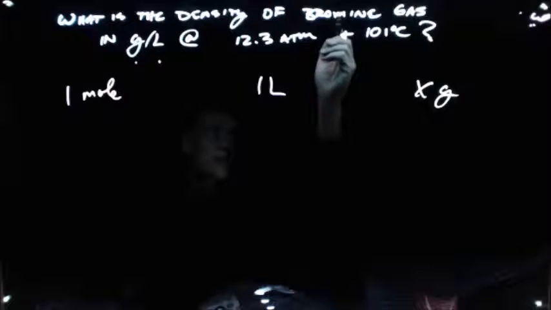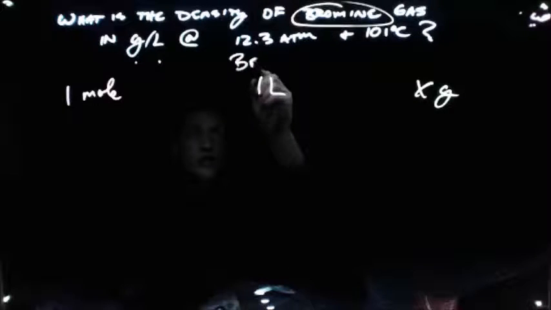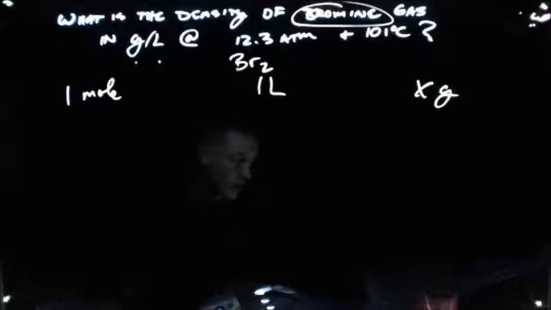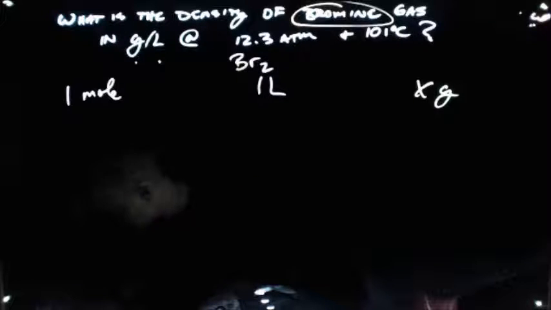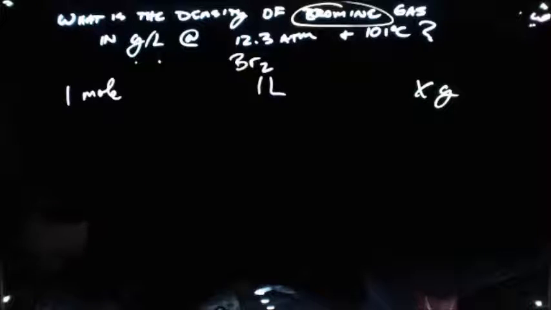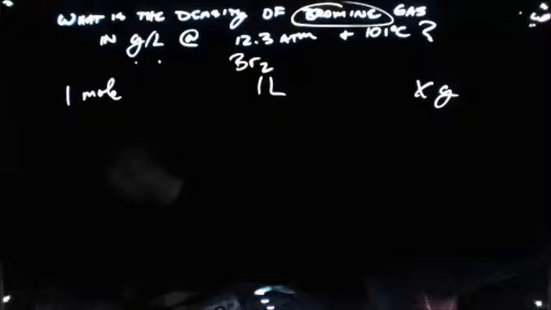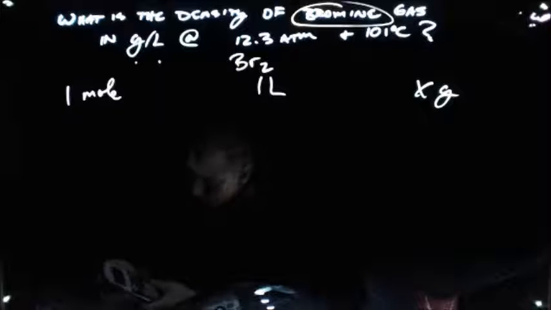I saw a couple of people do this problem wrong because they forgot our old buddy bromine is a diatomic. So bromine is Br2, and bromine is 79.9 grams per mole. Let me verify that on one of these little charts. Yeah, 79.90 grams per mole.